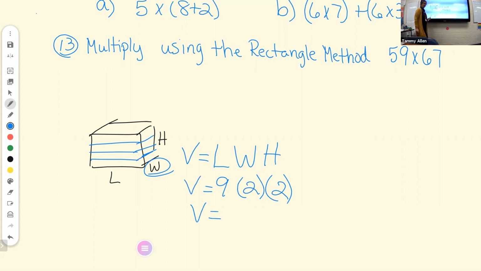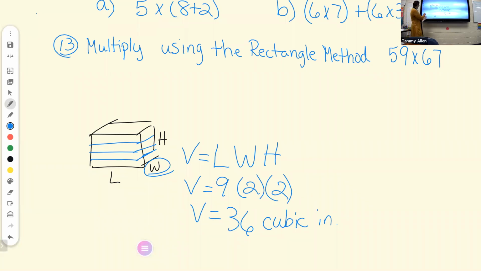So when we multiply 9 by 2 by 2, what would be the volume? We can multiply the two 2s together, then multiply by 9, and we get 36. And it would be cubic inches. Questions on that?